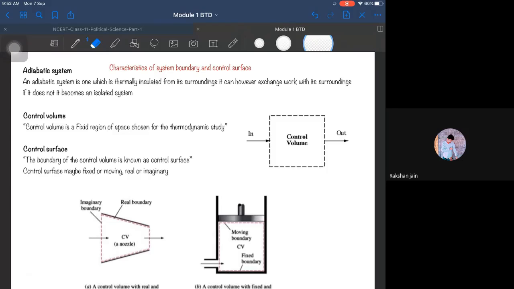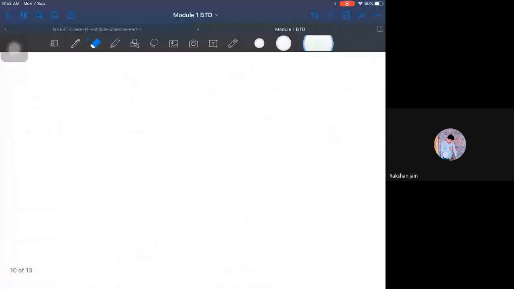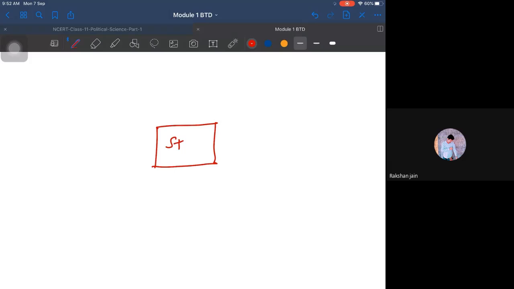So the next concept is the concept of adiabatic system. What exactly is it? You have defined the open system, you have got to know the closed system, you have understood the isolated system. But what is this adiabatic system? Suppose this is a system. In this particular system, there is no energy in and no energy out.